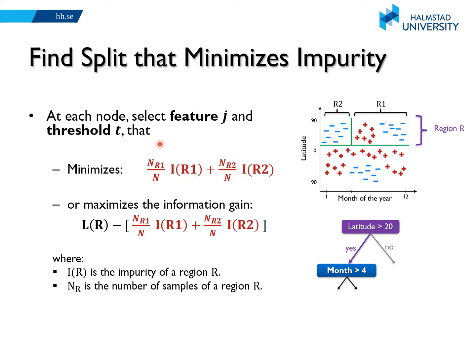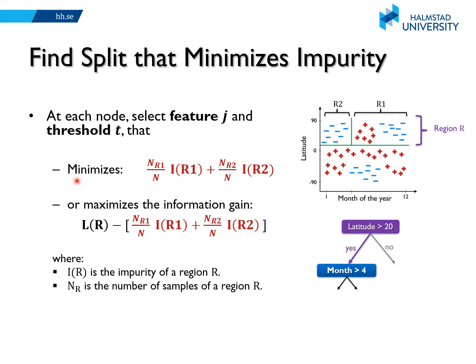Instead of minimizing the impurity in the subregions that you get, you can find some people who try to maximize the information gain instead. So the information gain is defined as the impurity of the overall region R, for example, all this region here, minus the average impurity of the subregions of R. So the average impurity of those two subregions.